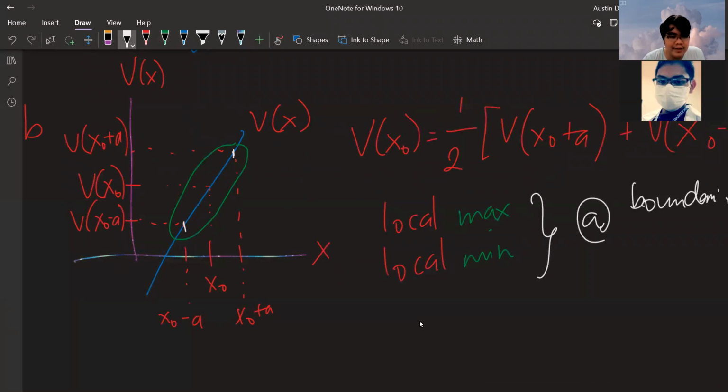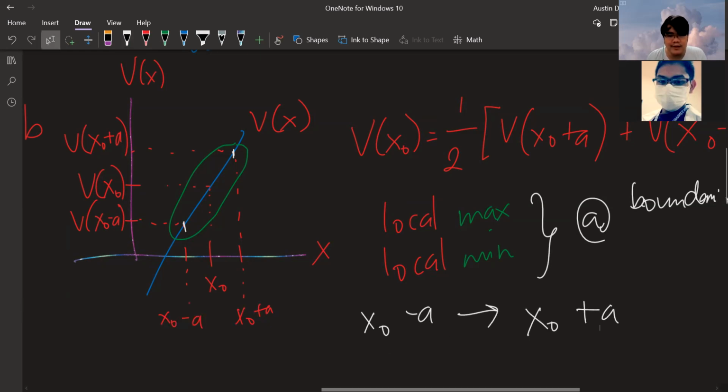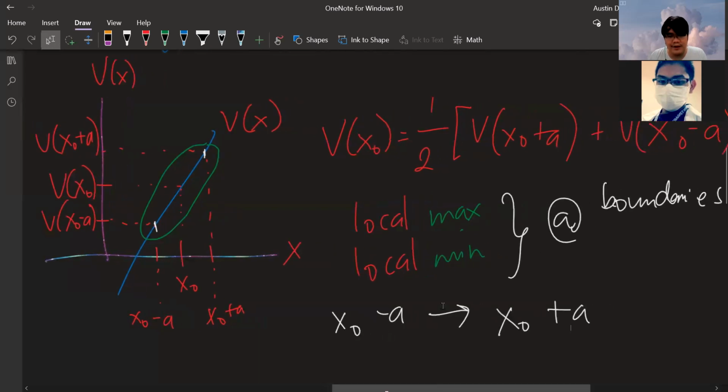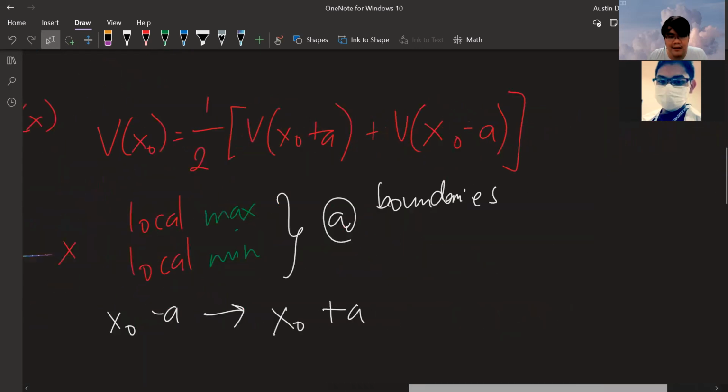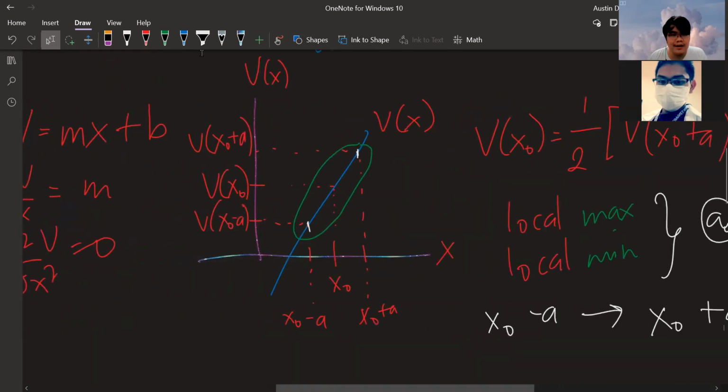For the region x0 minus a going to x0 plus a. So, at these points, siyempre straight line lang yan. Hindi naman pwedeng gumanon yung drawing mo, diba?